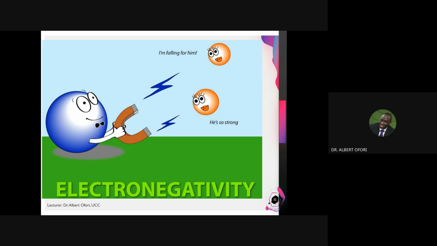But all of them want to have these 8 electrons at the valence. So what it means is that the more electrons you have, the easier it becomes to draw another electron to you so that you'll be complete to have the 8. The fewer you have, the more difficult it becomes.